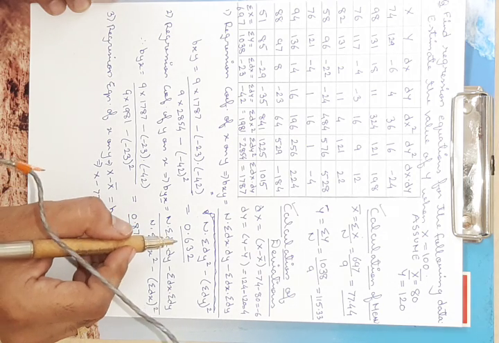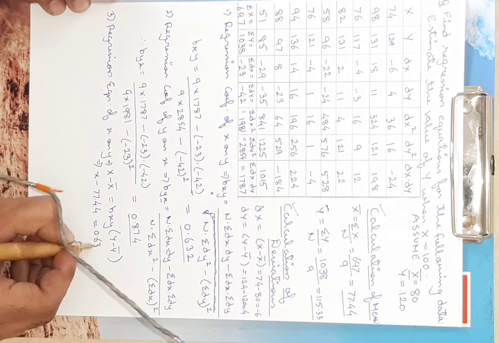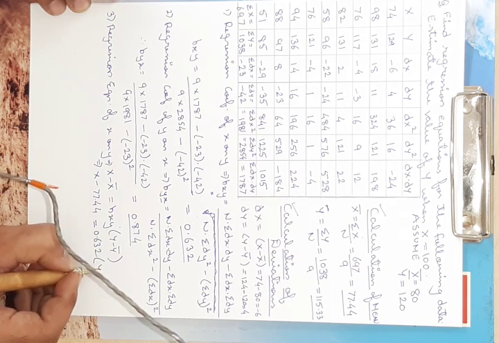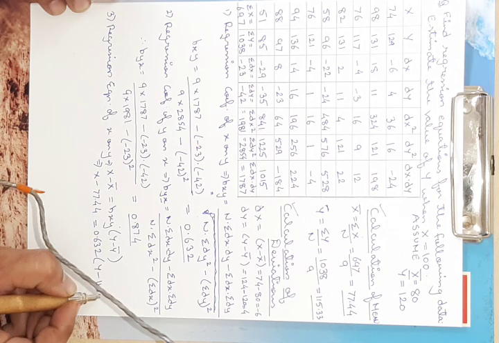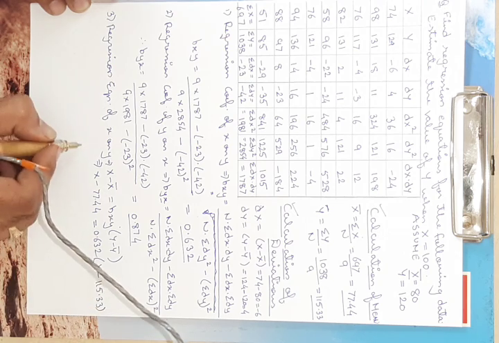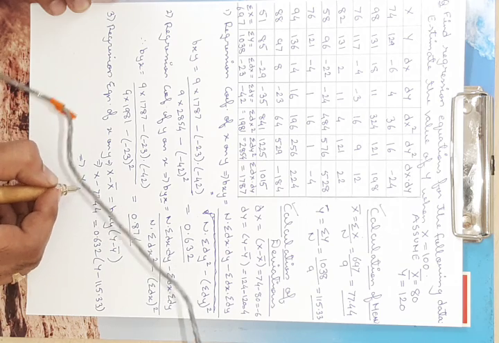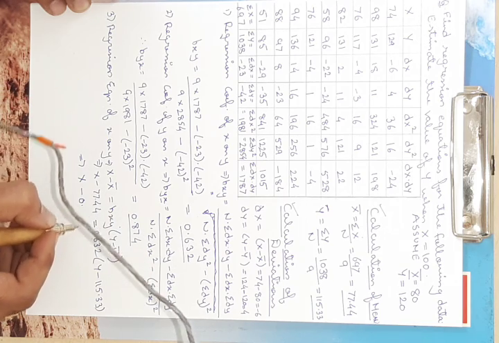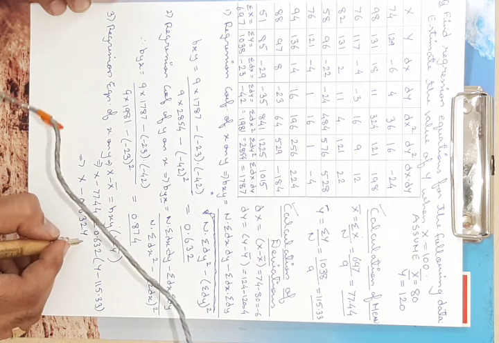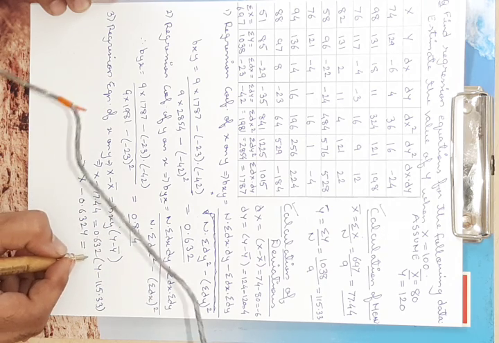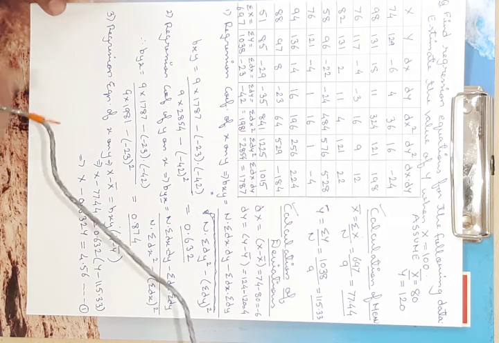So the value of bxy is 0.632 into bracket y minus y bar. What is the value of y bar? That is 115.33. So in this case we get the values as x minus 0.632y is equal to 4.56. This is your equation number 1.